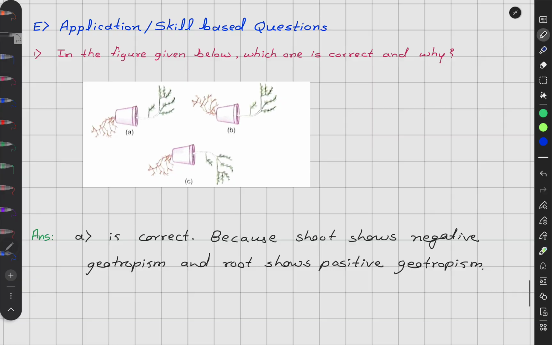So the correct option is A because shoot shows negative geotropism and root shows positive geotropism.